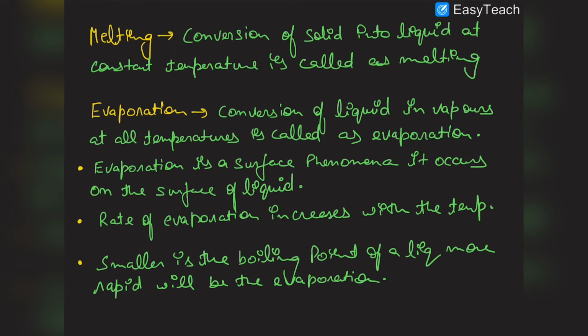Now let us discuss melting. As you all know, melting is the process of conversion of solid into liquid at constant temperature. The best example of melting is obviously the melting of ice, and when ice melts, the temperature remains constant at 0 degrees Celsius.